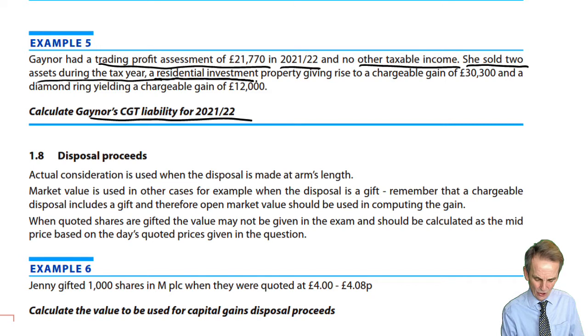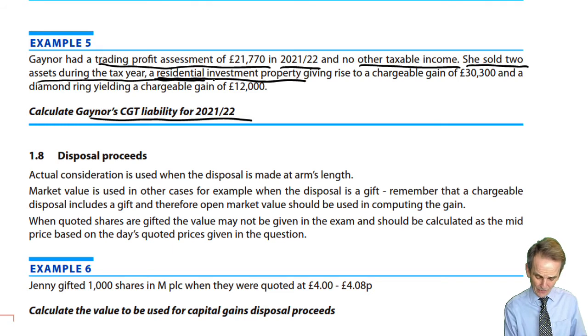A residential investment property. At last, a residential property. What that means, of course, as being residential, is we're looking at the higher rates of CGT. Instead of the lower rates of 10 and 20, it's now going to be 18 and 28% that apply.